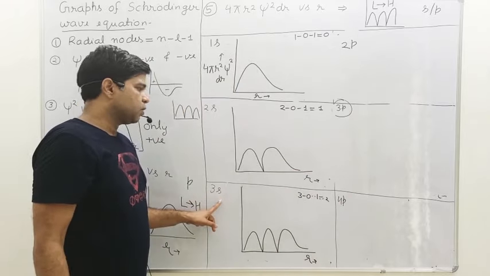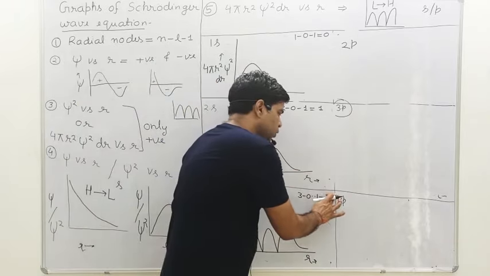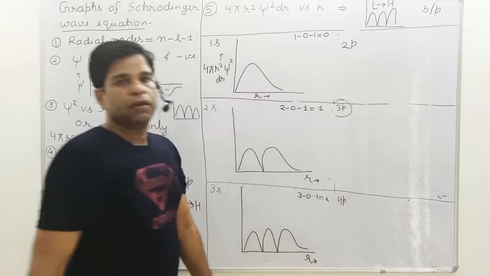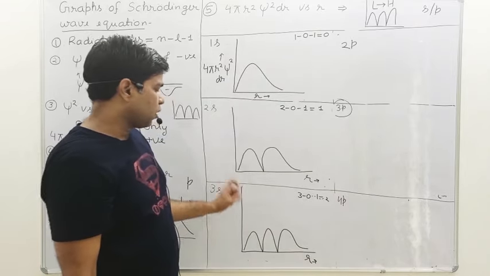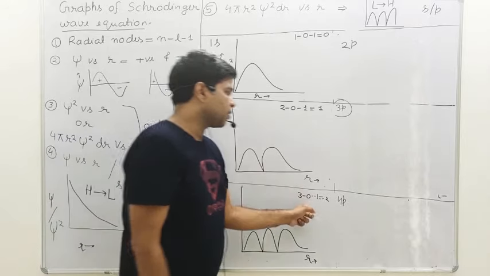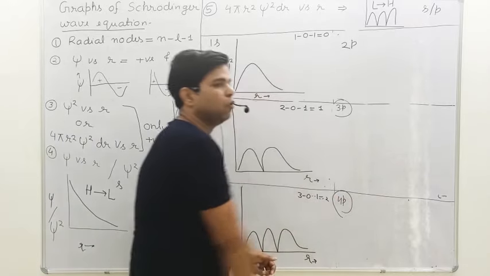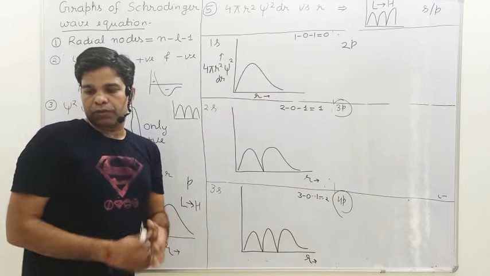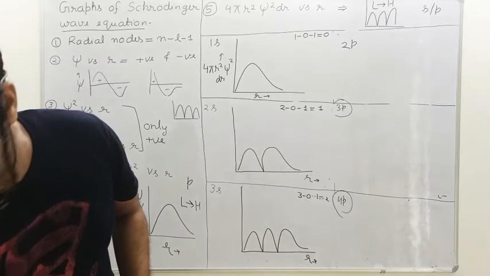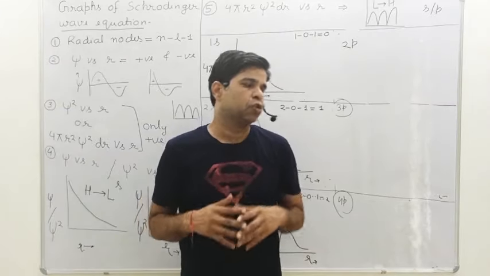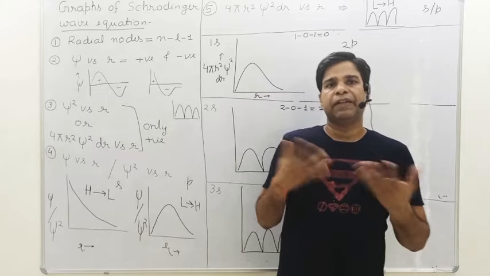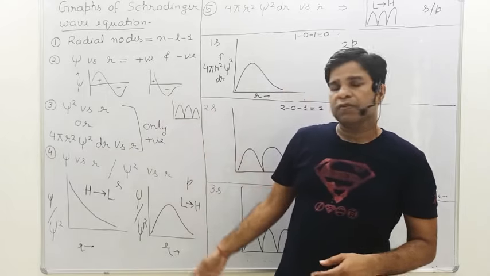Okay, now you see 3s and 4p both have the two radial nodes. So this is the graph which is also valid for the 3s, and this is the graph which is also valid for the 4p. So look, you see student, without any great difficulty, you can remember these 5 techniques.